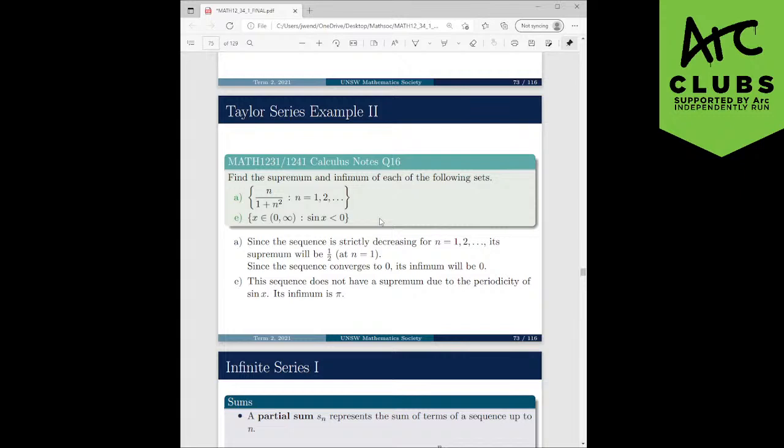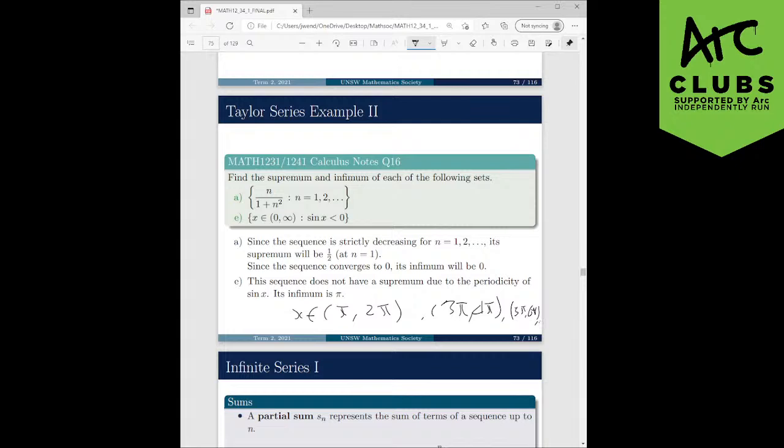Sine x dips to being negative when x is from pi to 2 pi, exclusive, or it is from 3 pi to 4 pi, or it just keeps going, because sine is periodic, of course. If something's true for that interval, it's going to be true every interval of 2 pi. So 5 pi, 6 pi, etc., keeps going.